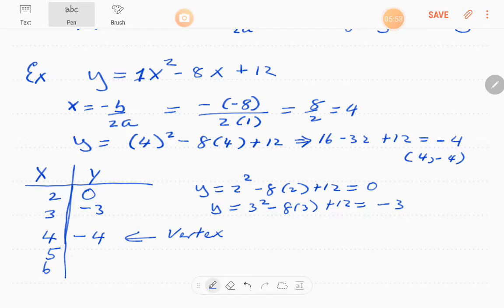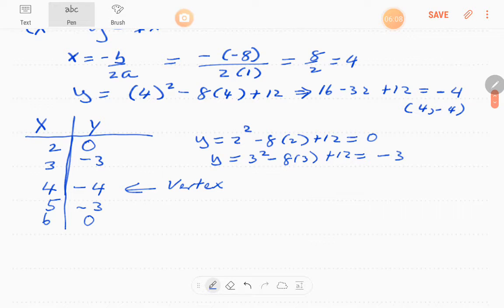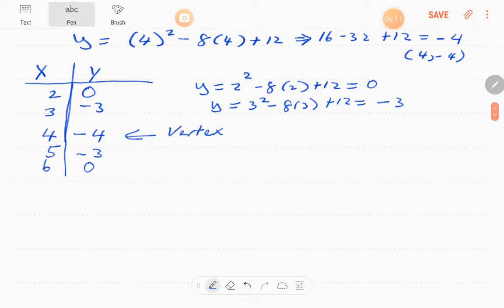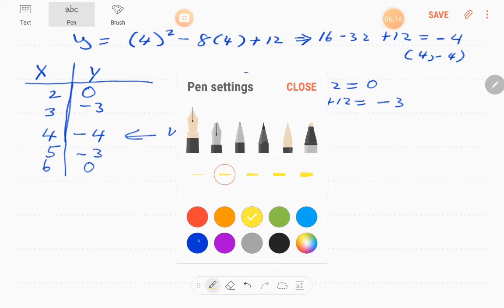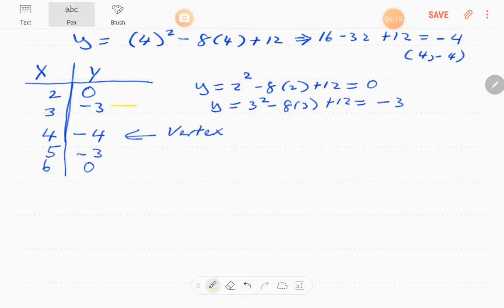Doing the same thing for 5, you get negative 3. Doing the same thing for 6, you get 0. This is part of the reason why I like to put the vertex in the middle. When you put the vertex in the middle, you see that the y values of the points around it match each other. 2 units away from the vertex, you get the same values. 1 unit away from the vertex, you get the same values.